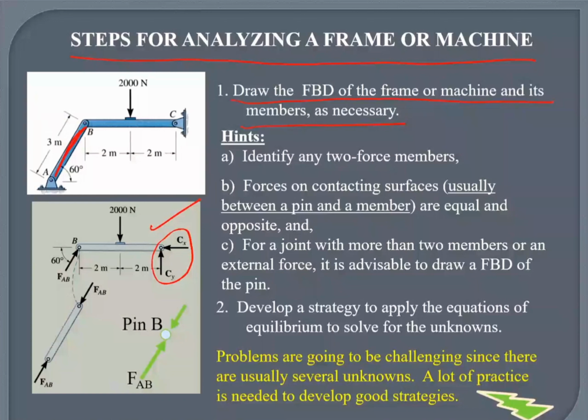If it's a 2-member force, you know the force applied has a line of action that passes through the 2 pins. Therefore, at B there's only 1 force. And then the third one is this active force acting at the center.